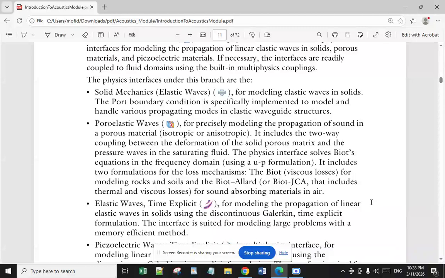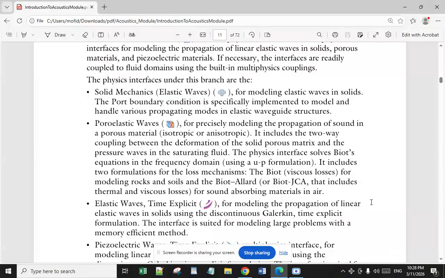It includes the two-way coupling between the deformation of the solid porous matrix and the pressure waves in the saturating fluid. The physics interface solves Biot's equations in the frequency domain using a u-p formulation.